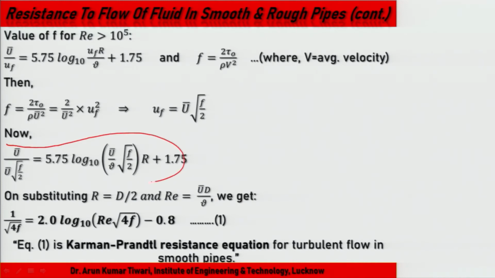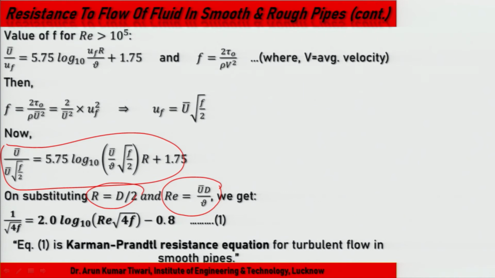Just see this equation: putting R equal to diameter d by 2, and the Reynolds number in terms of the kinematic viscosity, because we can write the Reynolds number in that form.